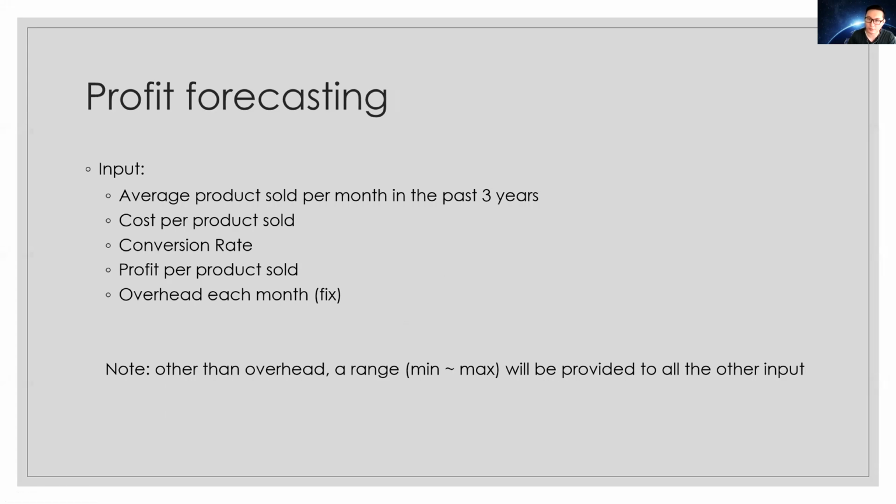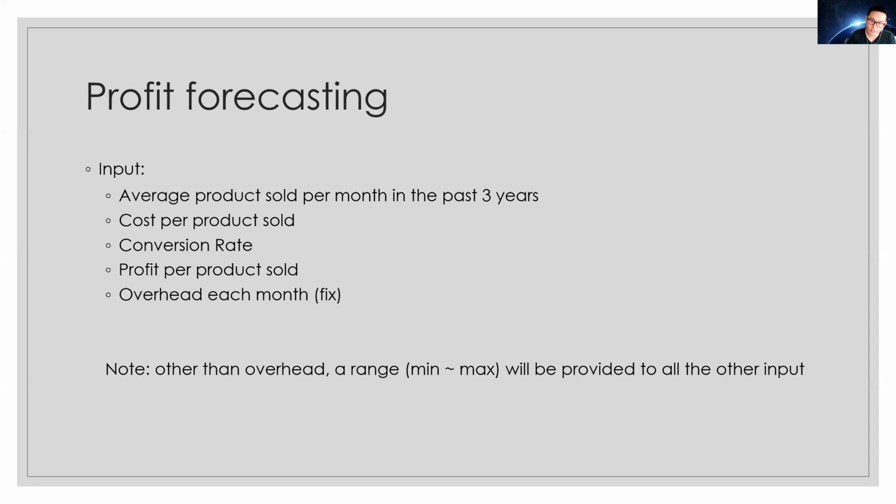Let's take the first proposal as an example, predicting the monthly profit. To form the model for the Monte Carlo simulation, here are the inputs I listed. First, we need the average products sold per month in the past 3 years, the cost of each product, the conversion rate, the profit made per product sold, and also the overhead each month.